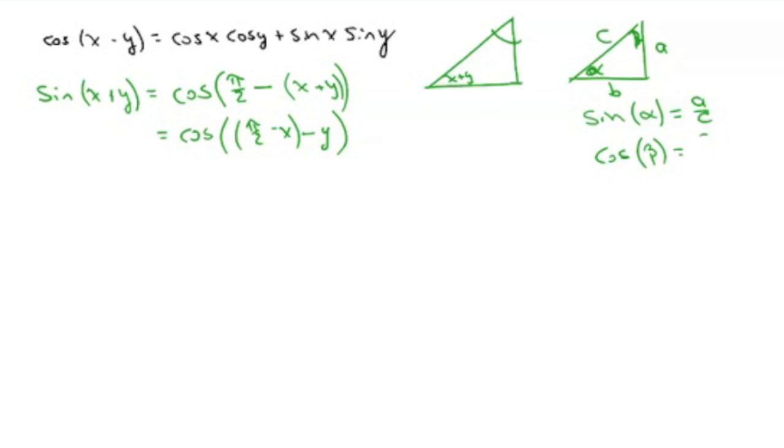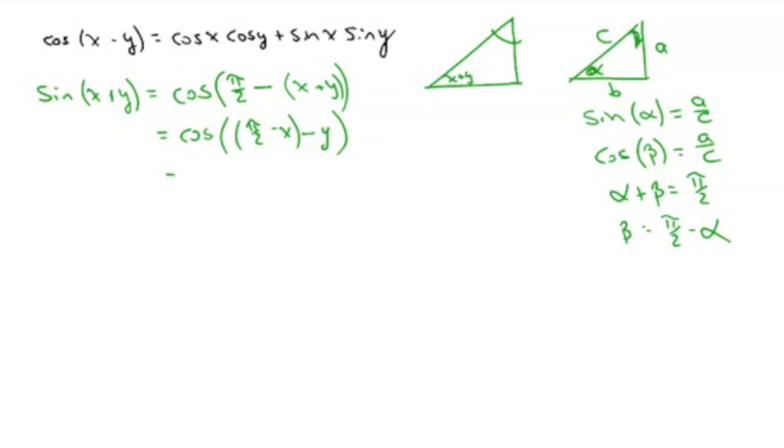A over C. The sine of alpha is equal to the cosine of beta. But alpha plus beta is equal to 90, pi over 2, 90 degrees, right? So therefore I can replace beta with pi over 2 minus alpha. I just subtracted it over, and all I did was regroup them to look like this.